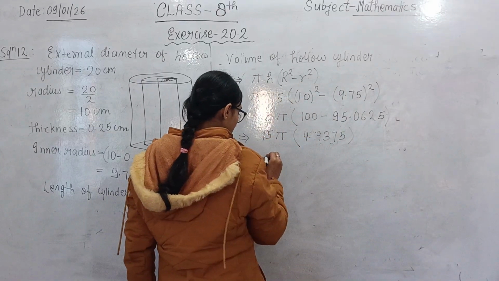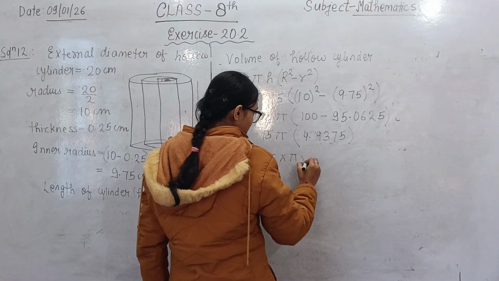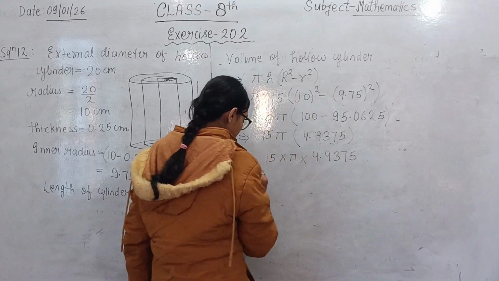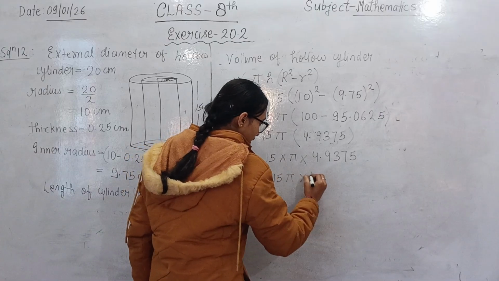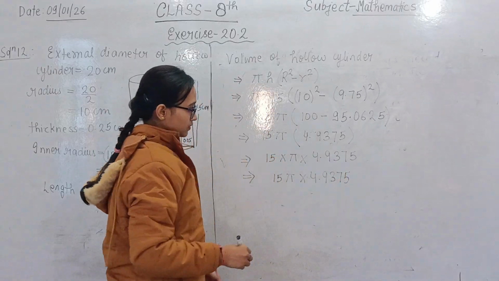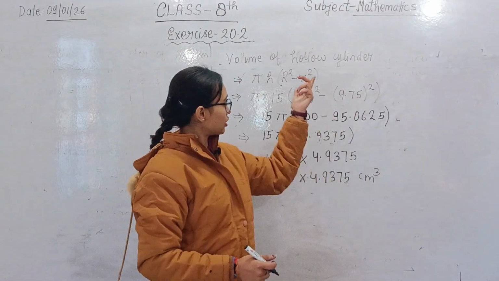So it equals 15 multiplied by pi multiplied by 4.9375. Here we have calculated the volume of the hollow cylinder.